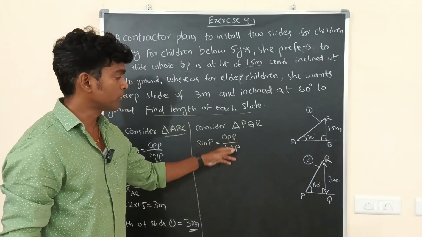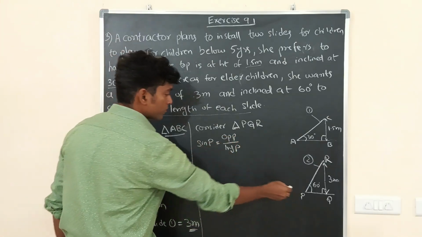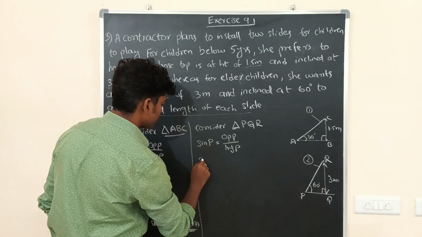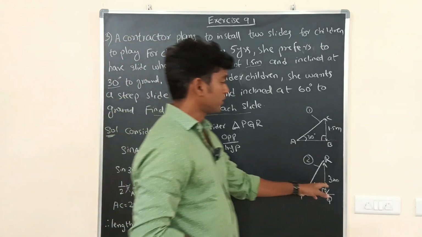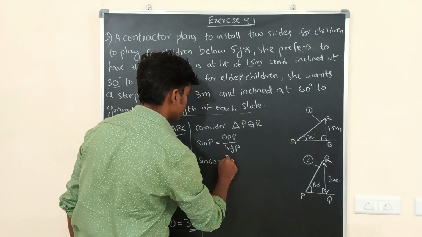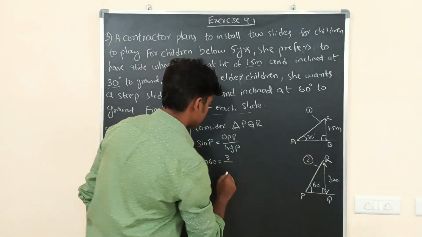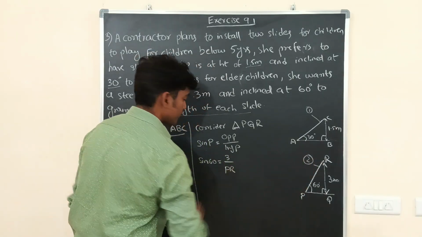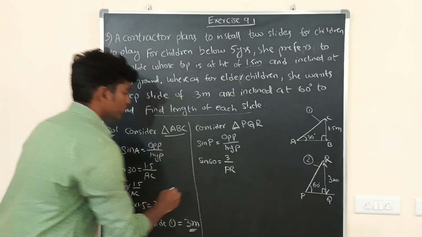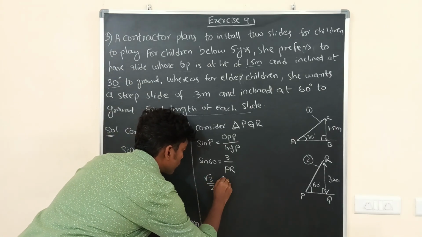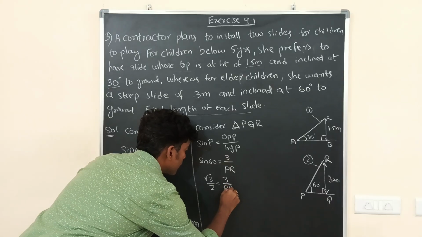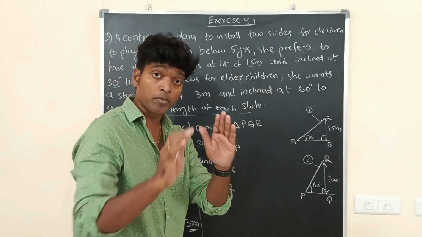So sin 60 is equal to the opposite side, 3 meters, by hypotenuse PR. What is sin 60? Root 3 by 2. That is equal to 3 by PR. Sin 60 is root 3 by 2. We have to remember all these values.